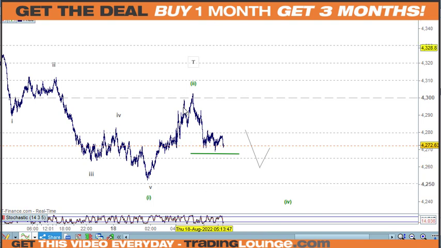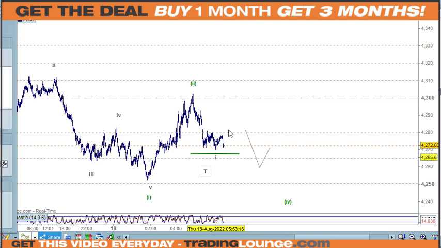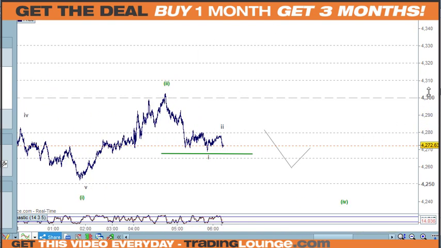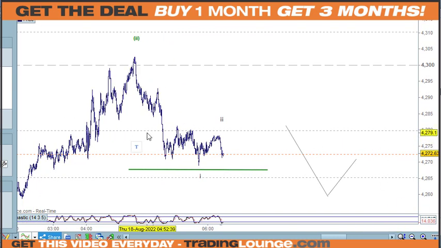if we just break this down a little bit, we can look at this as wave 1 and 2 in here. And then if we expand this up a little bit, we can look at this as 1 and 2 here, and maybe 3 to there. I think 3 to there will do the job. Anyway, doesn't matter too much.